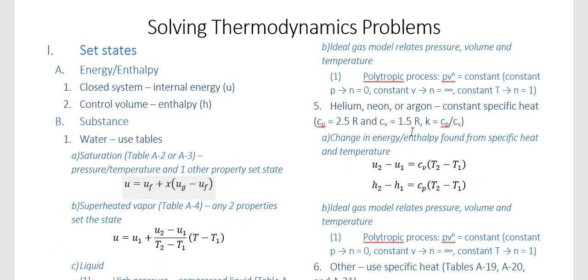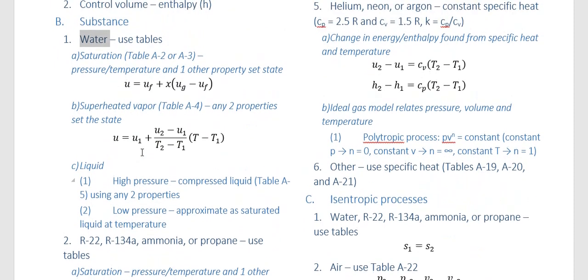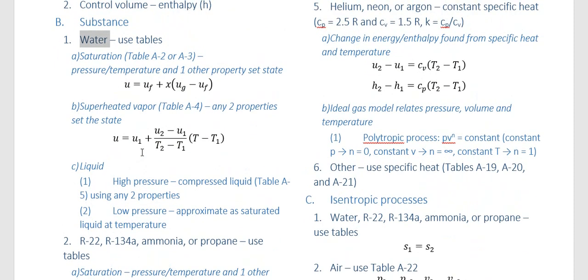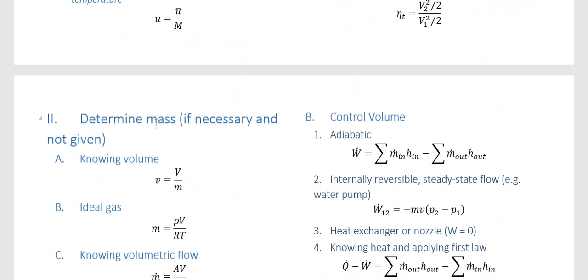And if you follow this by first setting your states, which is finding U or H for different substances, water, refrigerants, air. Again, use the tables if you have them. If you don't have a table, then you can move on to things like specific heats. But again, the tables are the way to do it. So you use those tables to set the energy or enthalpy of each state. Then if needed, go ahead and find your mass.